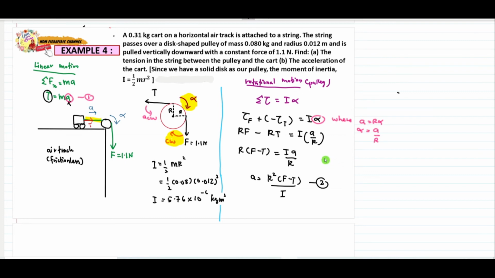So let's substitute in order to answer question A. Let's substitute equation number 2 into equation number 1.